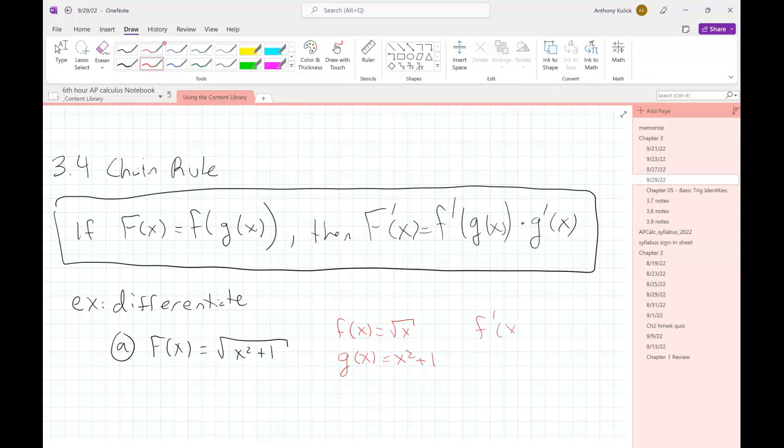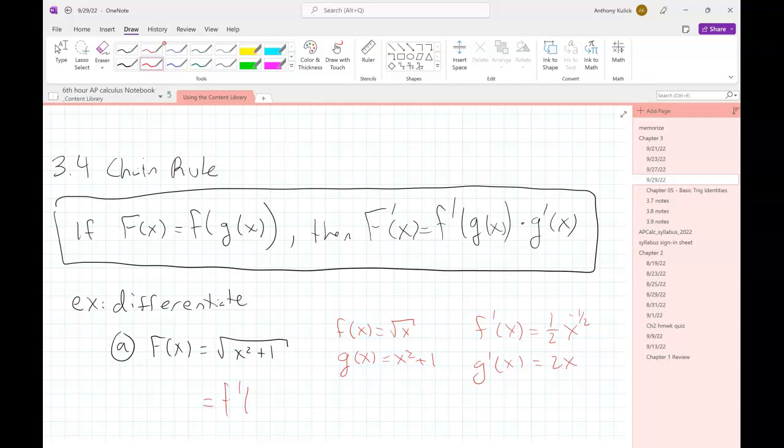If I take the derivative of the outer, that would be 1/2 x to the negative 1/2. The derivative of the inner would be 2x. Is everybody okay there?